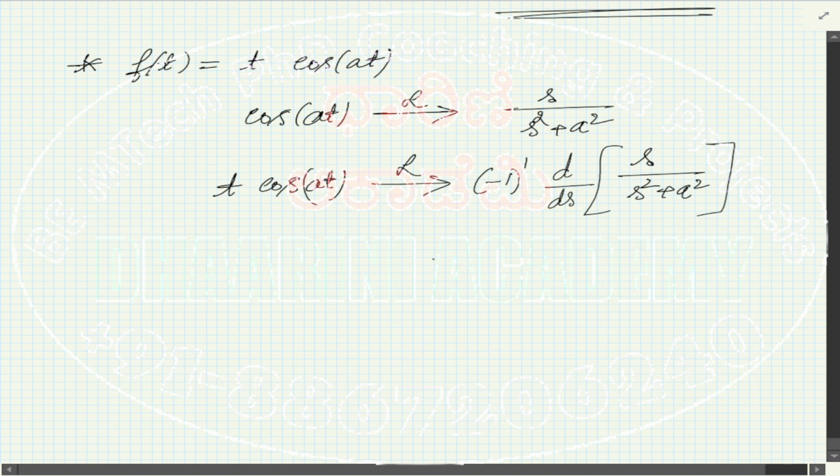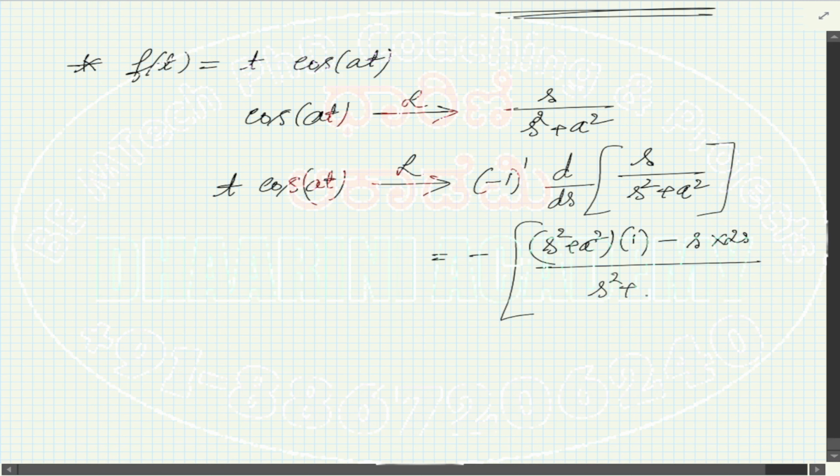So this should be equal to minus of, by the quotient rule, (s square plus a square) into differentiation of s, that is 1, minus s into differentiation of s square plus a square, which is 2s, whole divided by (s square plus a square) the whole square.